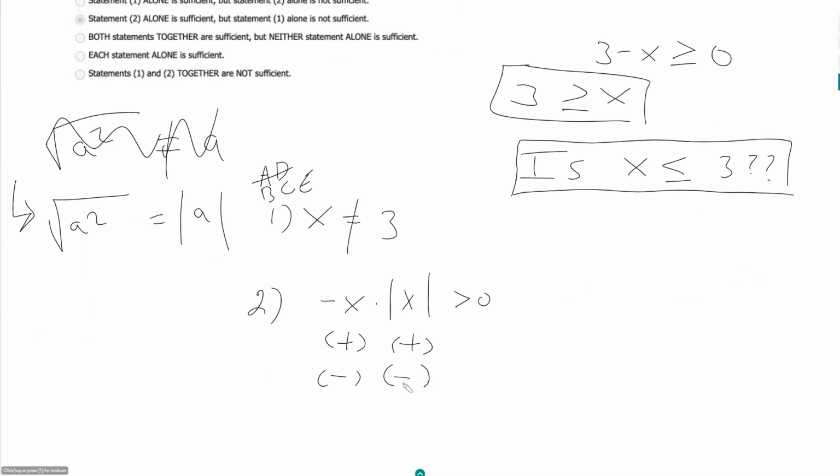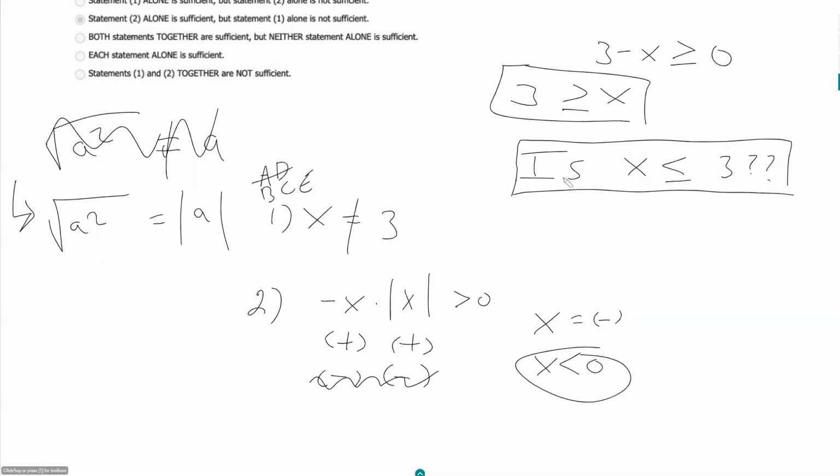Now we know a negative times a negative is not possible, because the absolute value of x cannot be negative. So this means we got this guy here. So negative x is positive, which really is telling us x is negative, or x is less than 0.